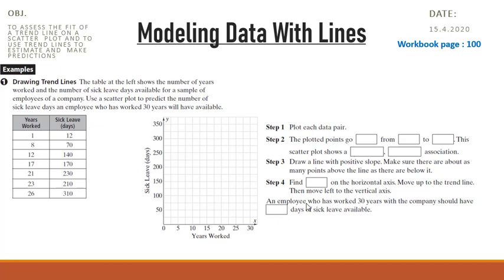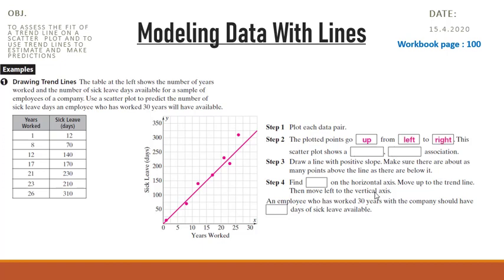Okay, now try to draw the trend line. Your graph will be approximately like this. These are the points. Try to draw the line. Okay, as you said, the plot points go up from left to right.